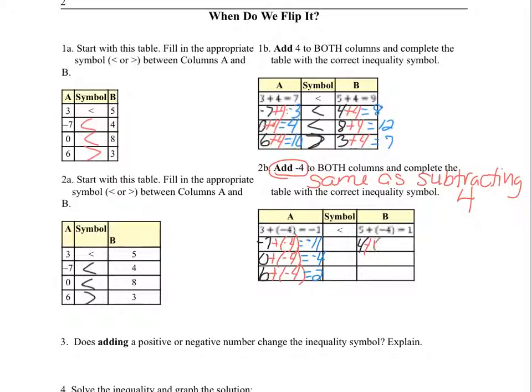Other side, we have 4 plus -4 equals 0. We have 8 plus -4 equals 4.